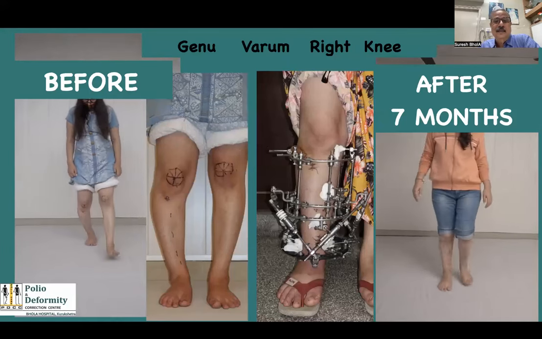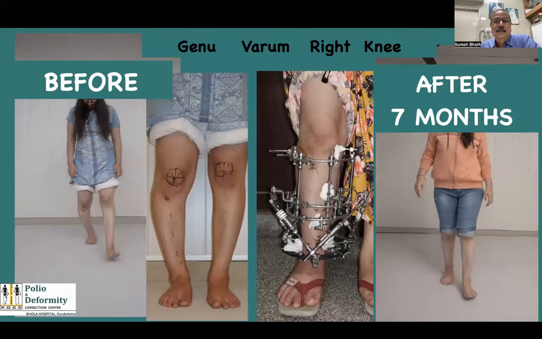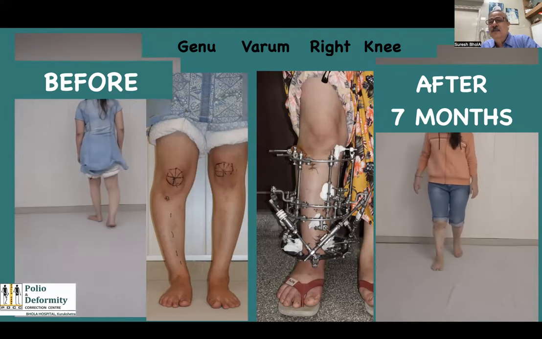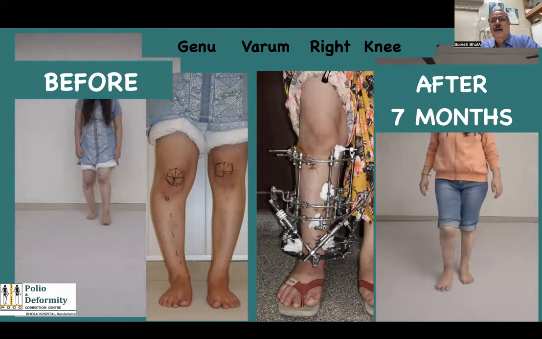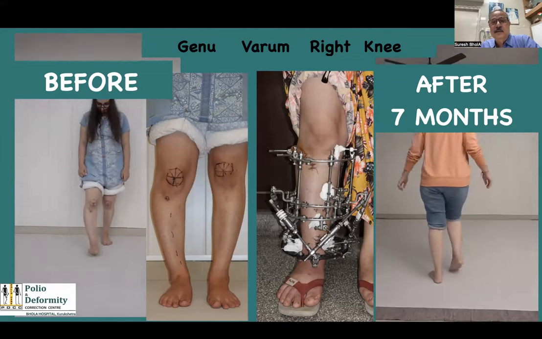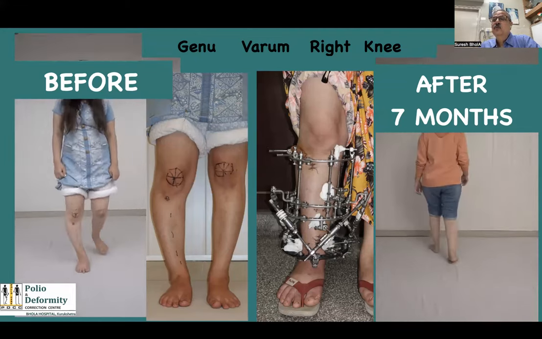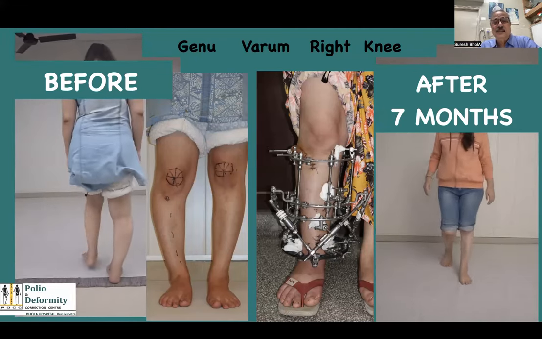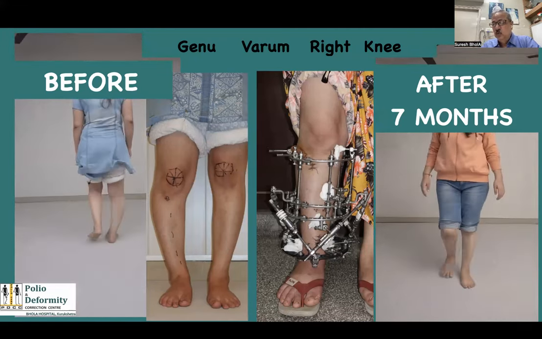Another case, leg frame, genu varum right. These are the results, 7 months. And once you take the full length X-rays in these cases, you will find where the deformities are: lower end of the femur, upper end of the tibia, lower end of the tibia.